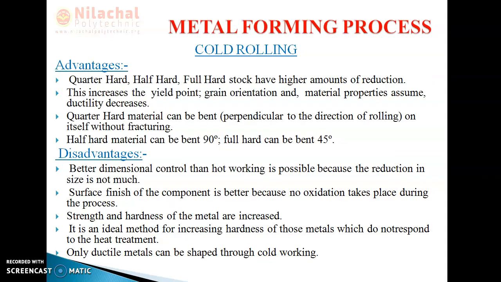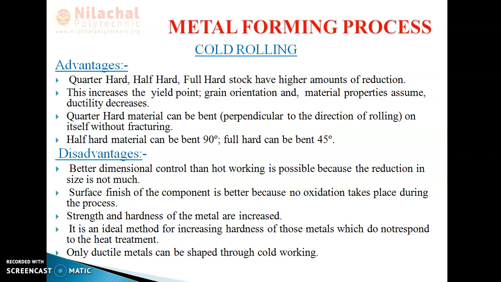Now we can discuss some advantages and disadvantages of cold rolling. First of all, we discuss the advantages. Quarter hard, half hard, full hard stock have higher amount of reduction. Number 2, this increases the yield point, grain orientation and material properties are assumed, ductility decreases.